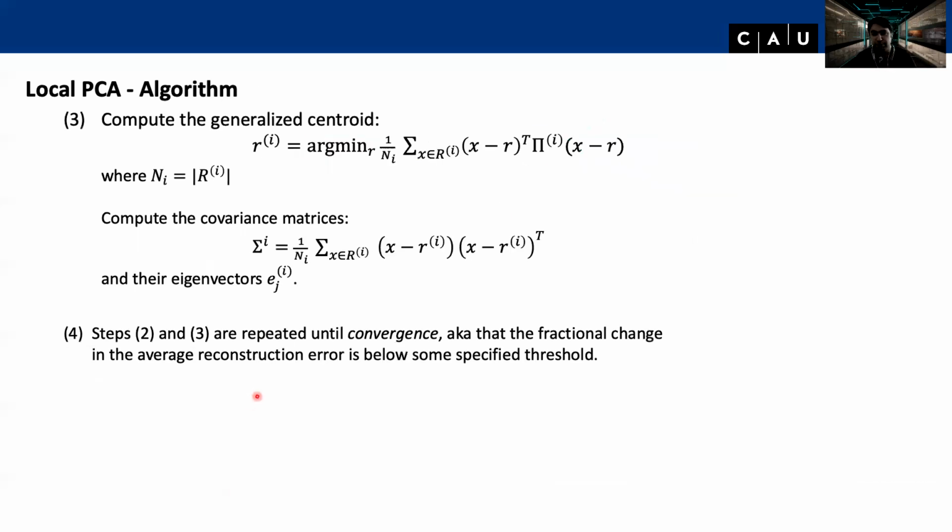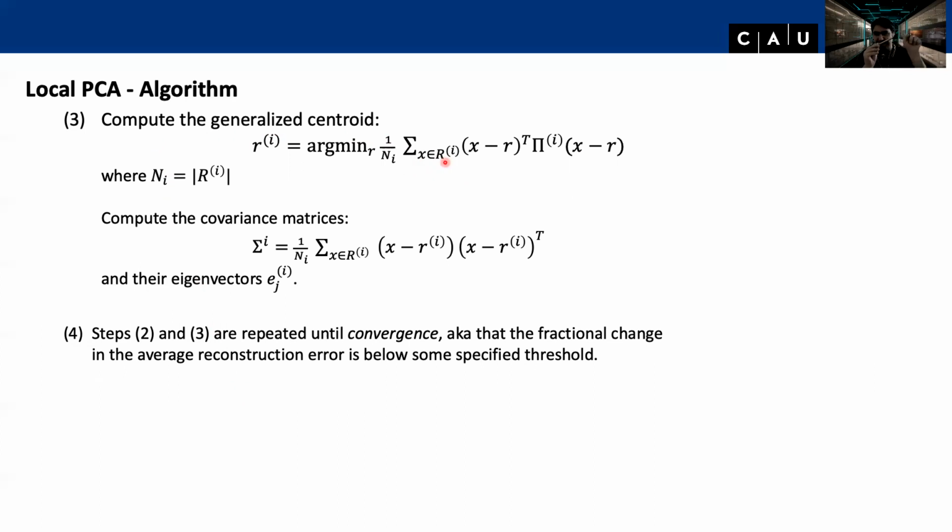Now that we hopefully have a better understanding of the reconstruction distance, we move to the third step. The first step was initializing, also the covariance matrices. The second step was to compute the reconstruction distance. And the third step is to compute the generalized centroid. How is this generalized centroid computed? Well, for every object of a specific region, let's say this is region 1, this is its corresponding subspace, this one leading eigenvector.